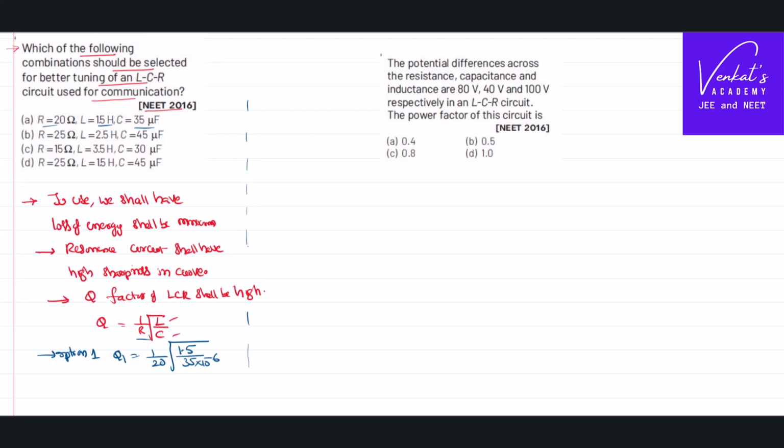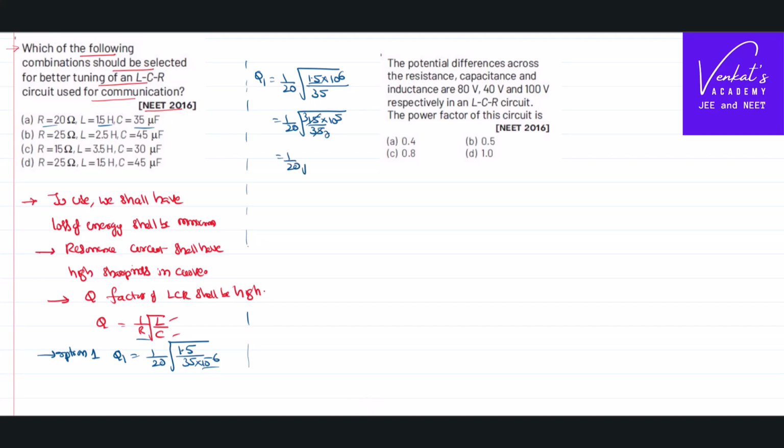If you look at the calculation further, Q1 will be 1 by 20, root of 1.5 by 35, 10 power minus 6 becomes 10 power plus 6. That is 1 by 20, multiplied by 15 into 10 power 5 by 35, where 5 threes and 5 sevens.